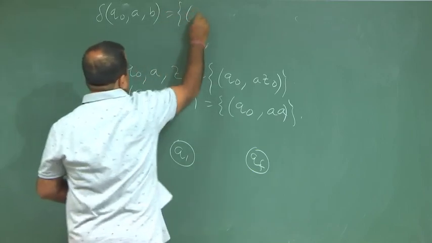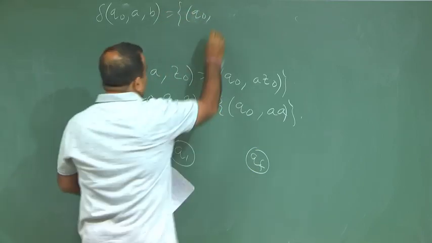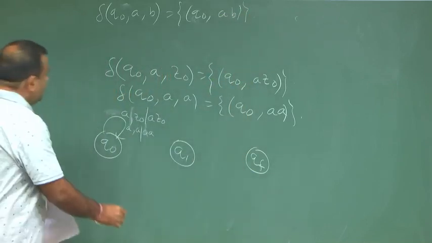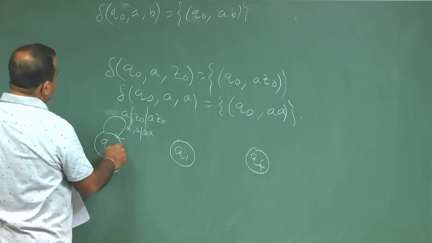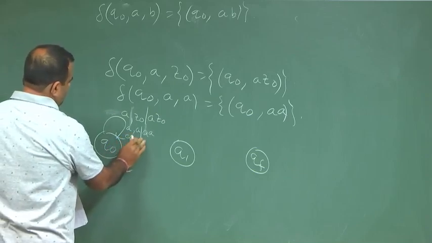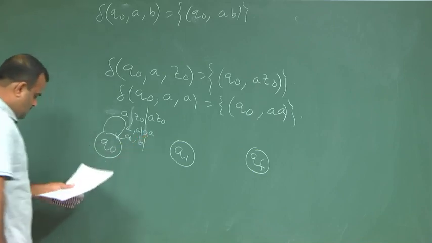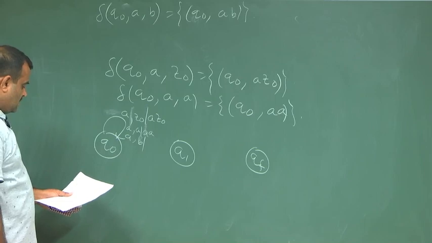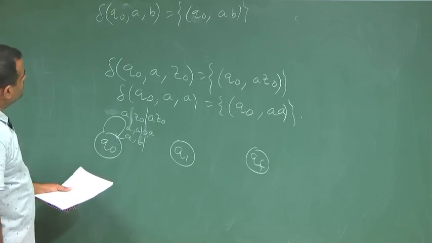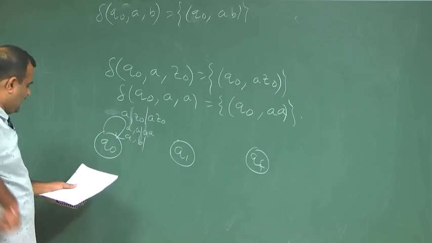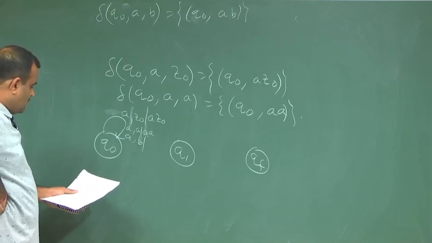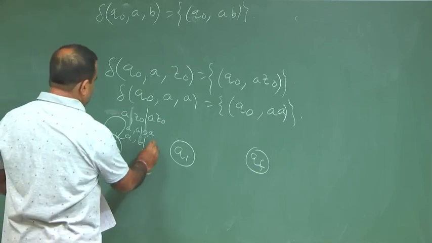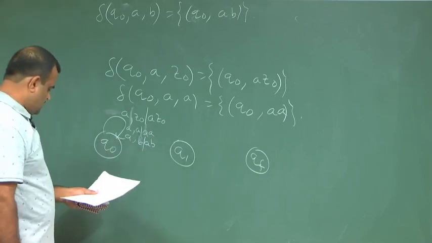So this is also the singleton set Q0 A B. So if we are at Q0, if we have input A and if the stack is B, then the stack will be replaced by Q0 A B. So Q0 remains the same, the stack will be A B like this.